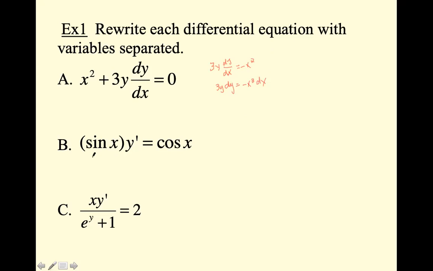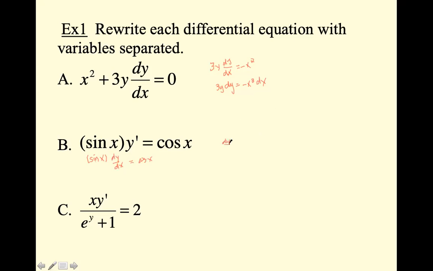So again, my first step is to rewrite y prime as dy/dx. It just makes it easier to see what needs to be separated there. And so it looks like I've got an x here, x here, x here. So I'm going to first divide by sine.